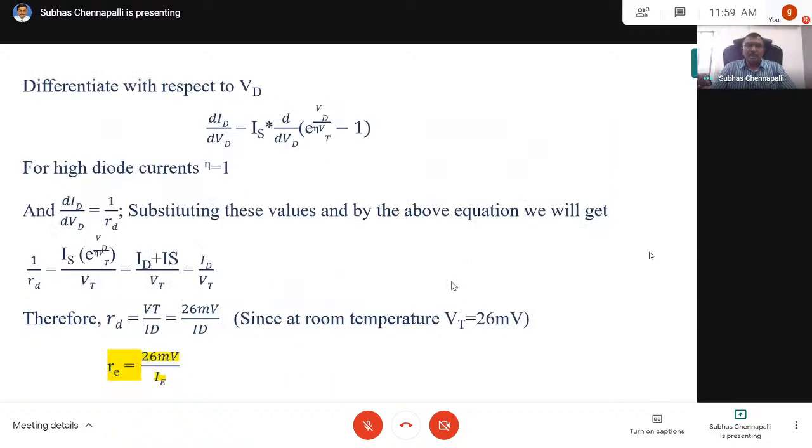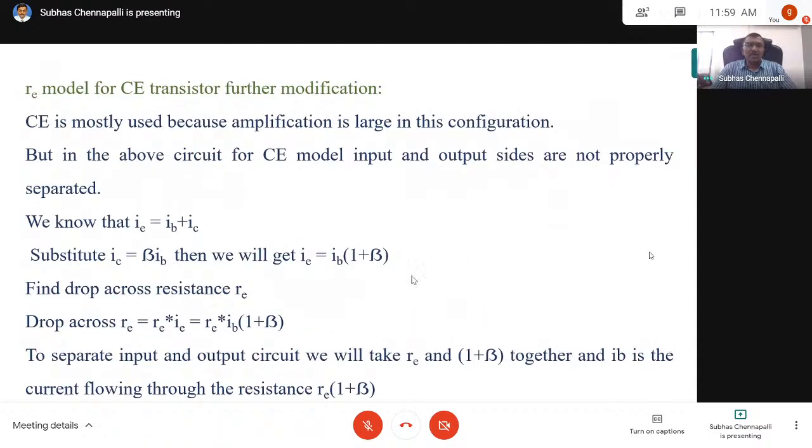For that, IE is equal to IB plus IC. IC is equal to beta IB, so IE is equal to IB times 1 plus beta. Accordingly, the drop across RE is RE times IE, which is RE times IB times 1 plus beta. So I will write this as RE times 1 plus beta into IB.